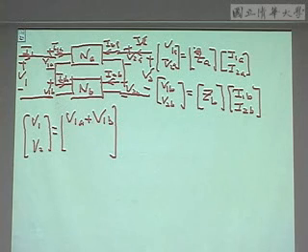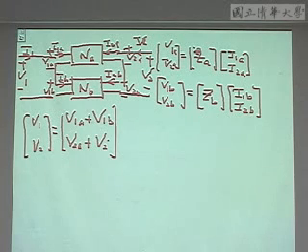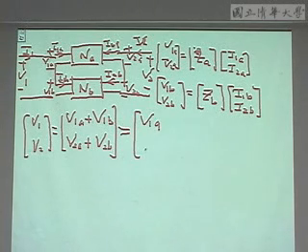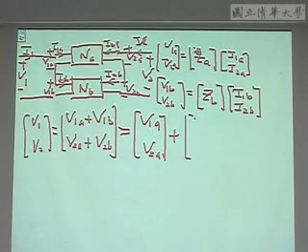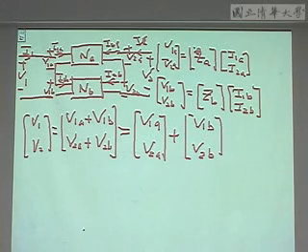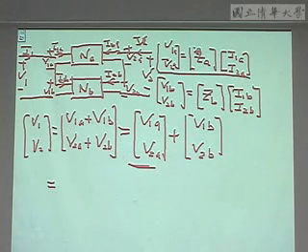Okay, and V2 here, again we have series connection. This is V2A plus V2B. Okay, so we can decompose into V1A, V2A column vector plus V1B, V2B.